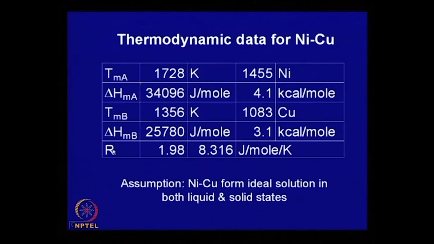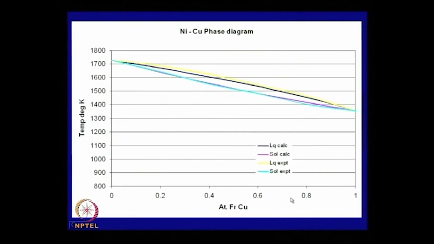And this is the universal gas constant R. We make an assumption that nickel and copper form an ideal solution in both liquid and solid state. Using this, we calculated the phase diagram, and here it looks like this.